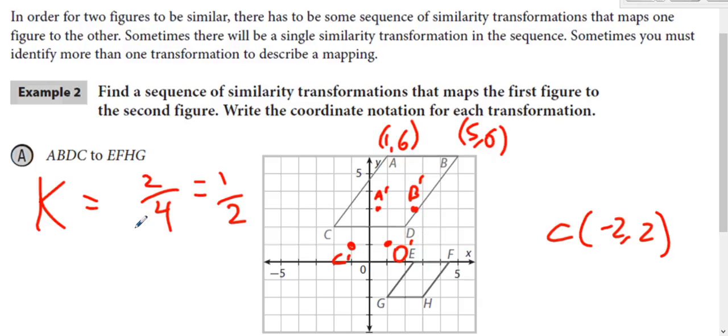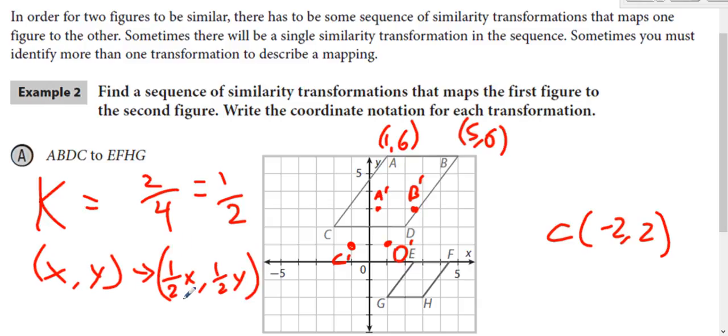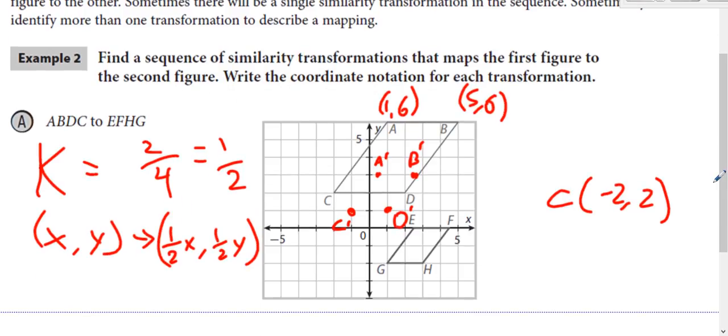So if we start with a dilation with a scale factor of 1/2, it says use coordinate notation. That means x, y goes to 1/2 x, 1/2 y. Then we have to translate it or slide it over to where it's supposed to be. So C is supposed to go over here down to G. So it has to go to the right 2 and down 1, 2, 3.